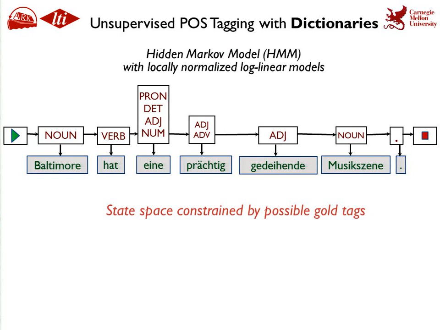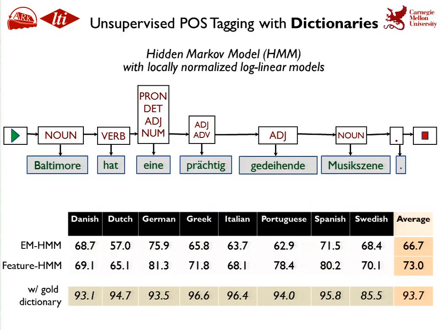Now, if we assume that for our languages we have these dictionaries, results are very good. So when we compare it with the feature HMM model, and we train the feature HMM with the dictionary given, and then test it on the test sets, we see numbers in the range of low 90s, which is extremely good in comparison to purely unsupervised models.